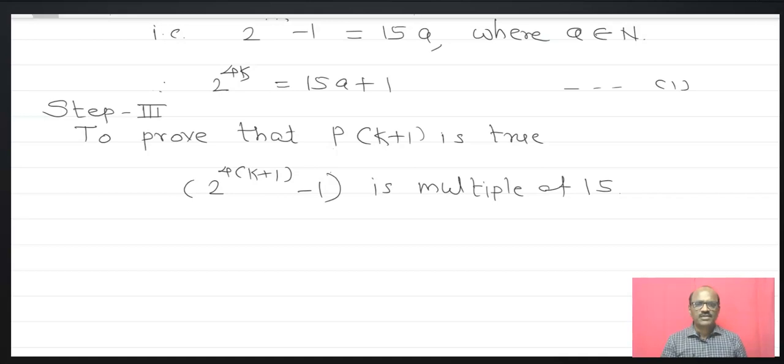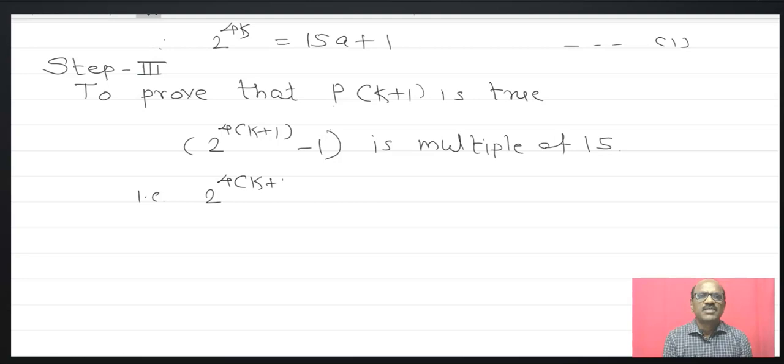Now see this: is a multiple of 15, that is 2 raised to 4 in bracket k plus 1 minus 1 is equal to 15b, where small b belongs to capital N.